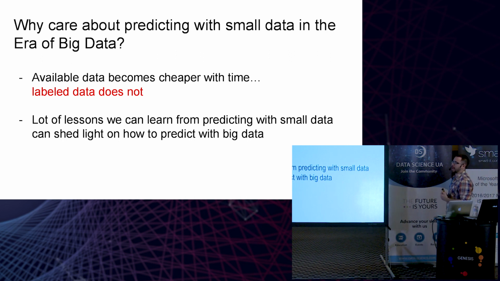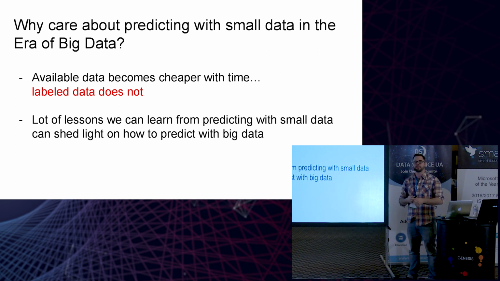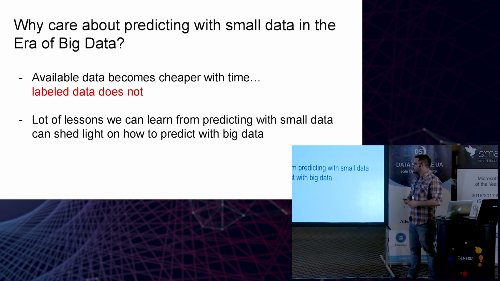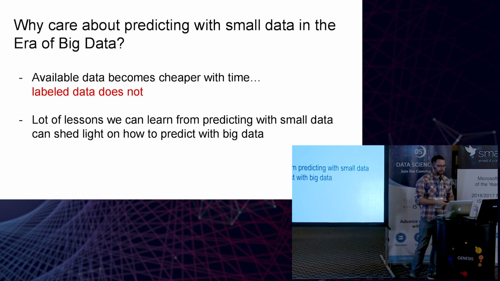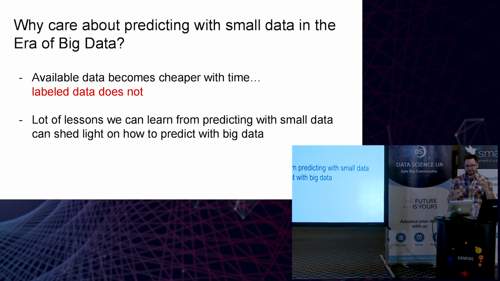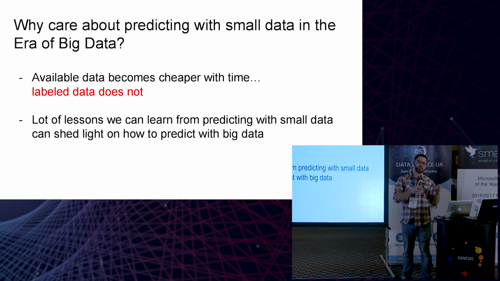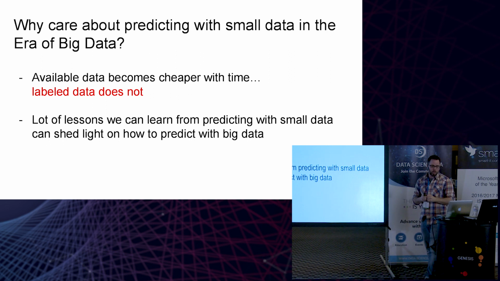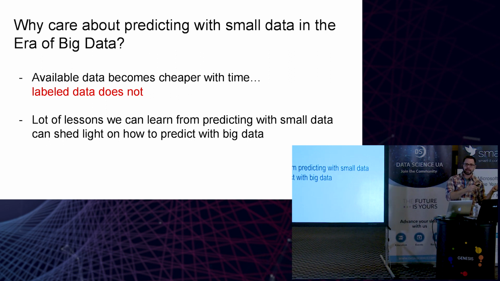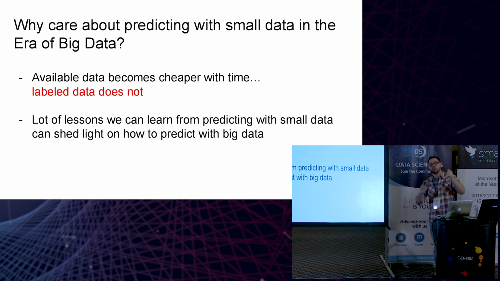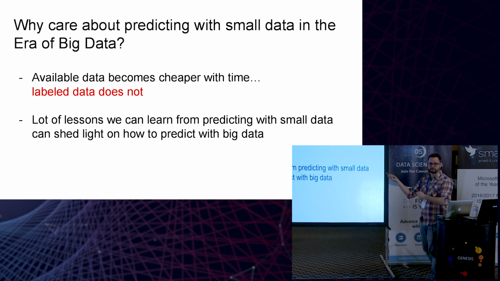There will never be a time when labeled data is free. There will always be a cost involved. Another reason we care about small data is that it takes us back to the basics and makes us really learn what we are doing. A lot of lessons from what works and what doesn't work with small data can help us understand what works and what doesn't work with big data also, okay?